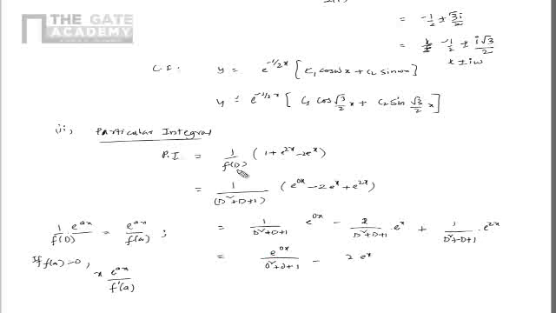Minus 2 e power x, with 1 in the place of D, so 1 square plus 1 plus 1, which is 3. Plus, with 2 in the place of D, 2 square plus 2 plus 1, which is 7. So what we got here is 1 minus 2 by 3 e power x plus e power 2x by 7.